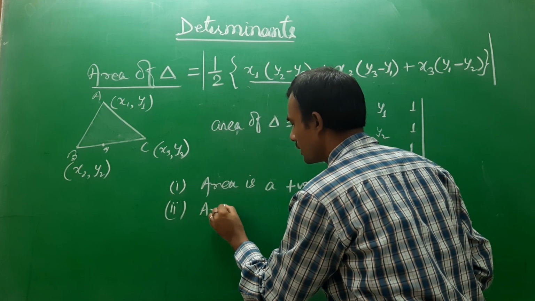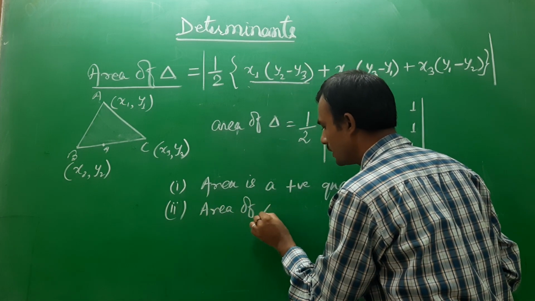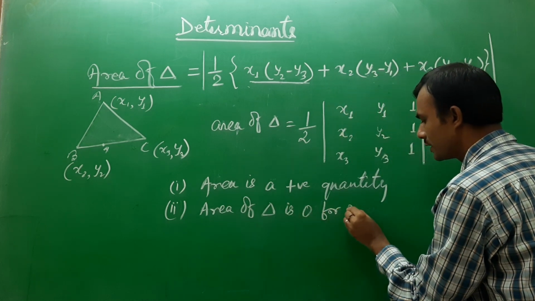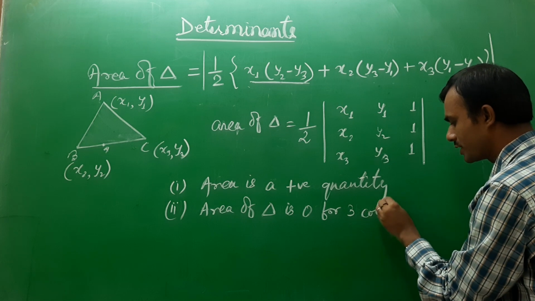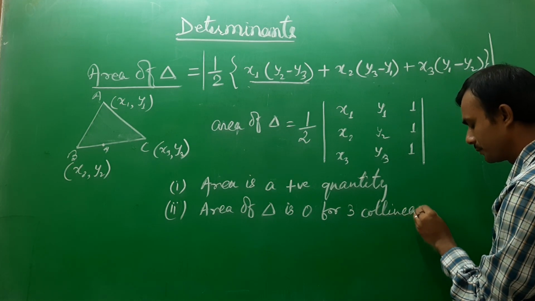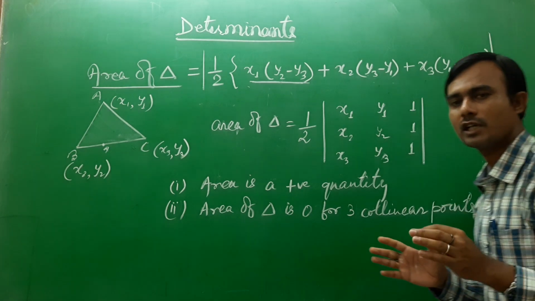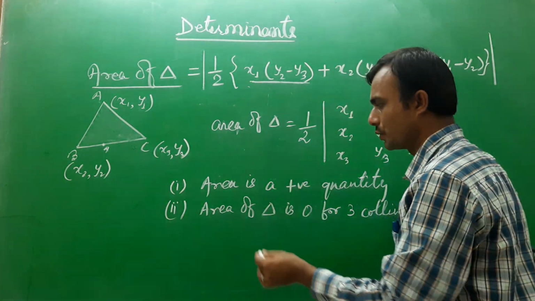If points are collinear, then the area of the triangle will be 0.